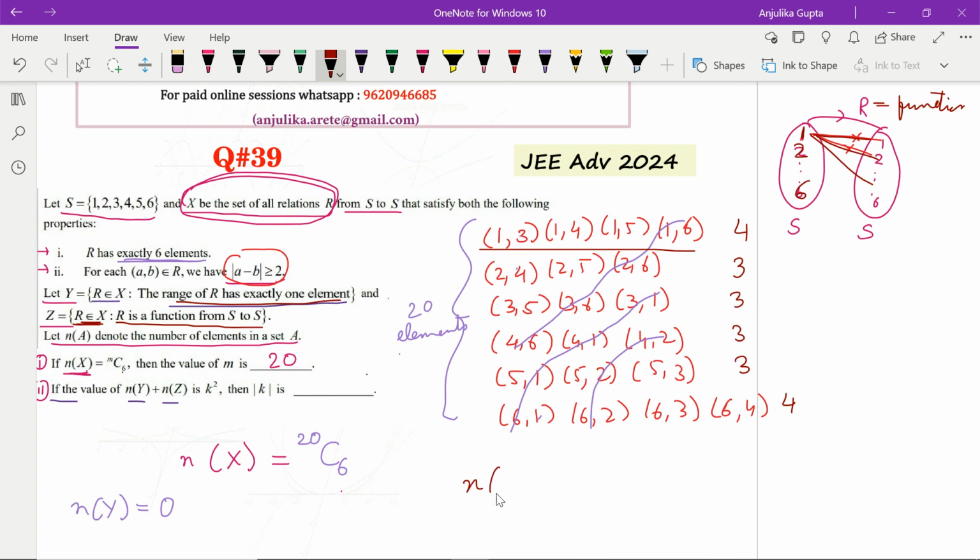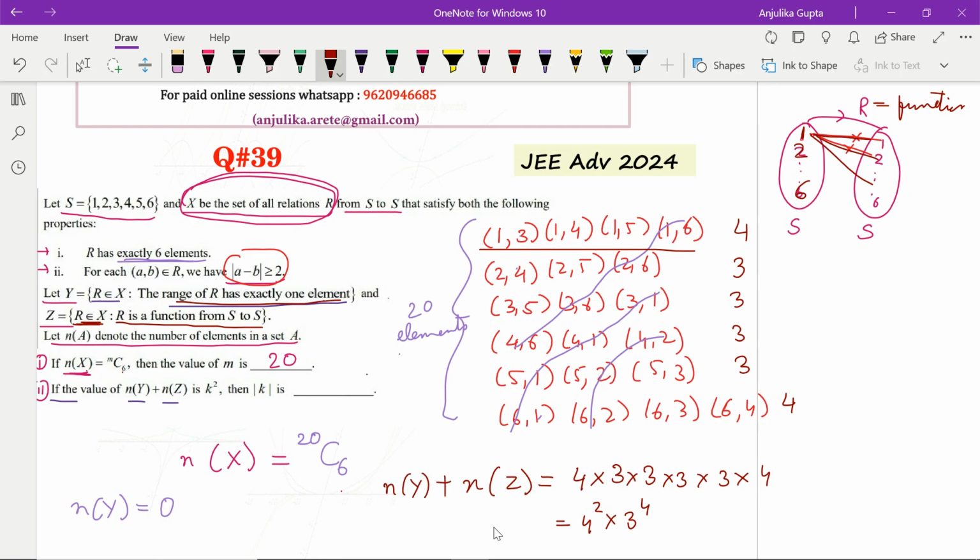So what will be the number of elements in Z? The product of all of them: 4 times 3 times 3 times 3 times 3 times 4, which is 4 squared into 3 to the power 4. Now, you want N(Y) plus that. Does it change anything?